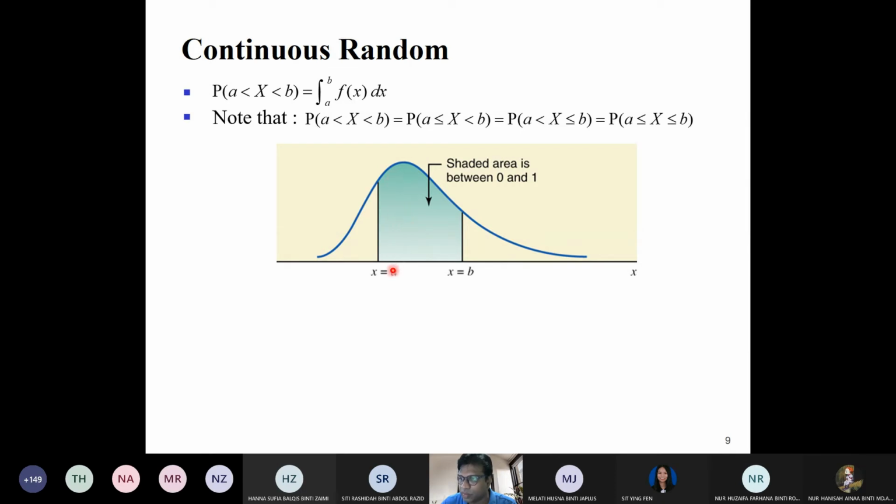That has to be between 0 and 1. If you get an answer more than 1 or less than 0, you need to check your calculation again, because it has to be within the given range, which is 0 to 1.